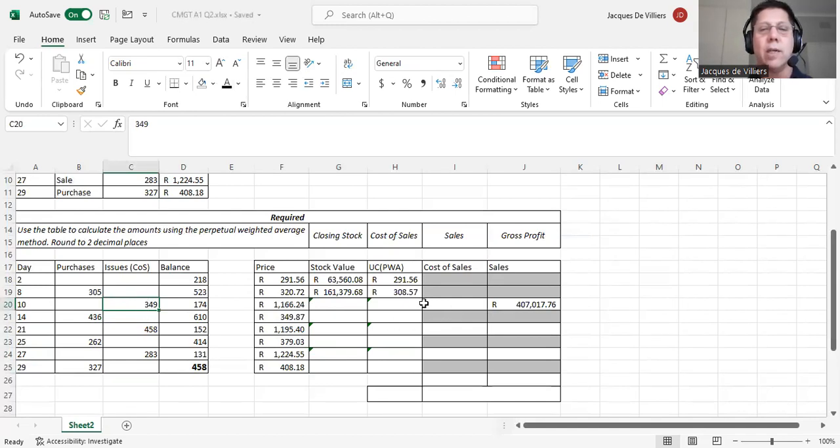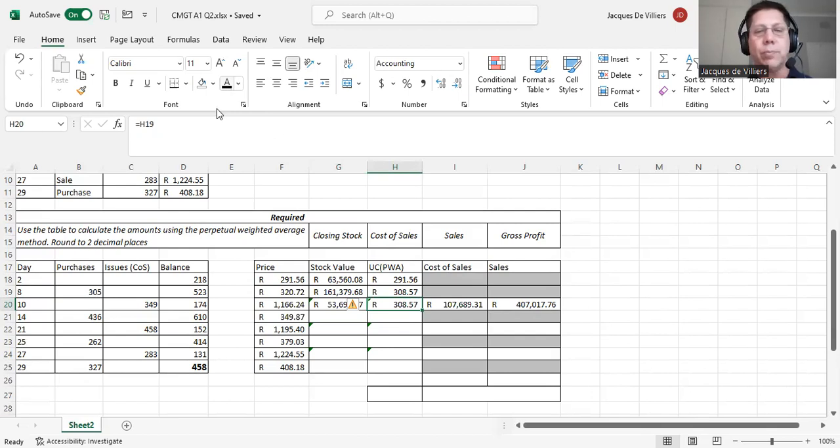So our cost of sales is 308 multiplied by the 349, and that gives us 107,000 Rand. Okay, so what is our stock value now? That's simple. Our stock value is now simply what it was before, 161 minus the 107, which is 53,000. That is our new stock value, and our unit cost does not change. It never changes when we make a sale. It only changes when we make a purchase.